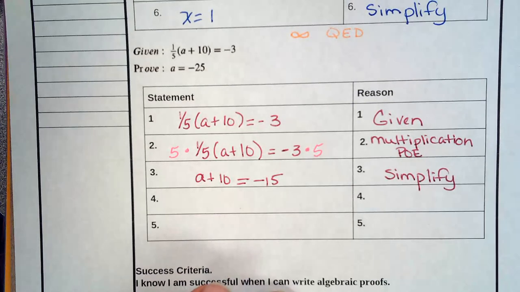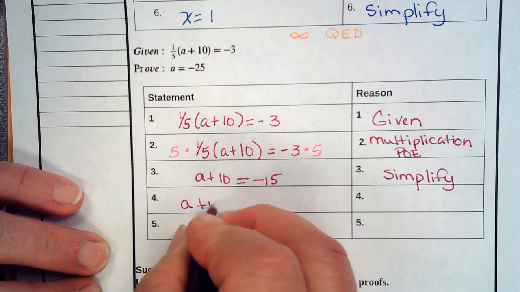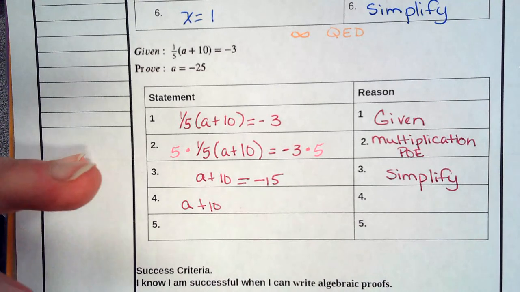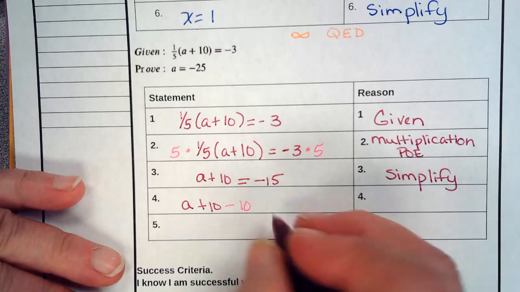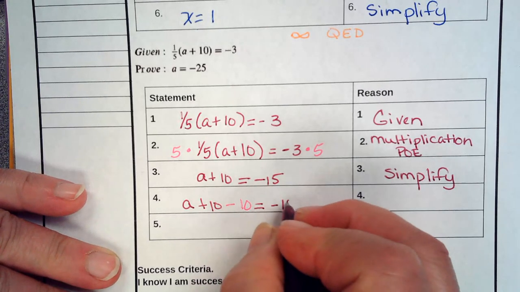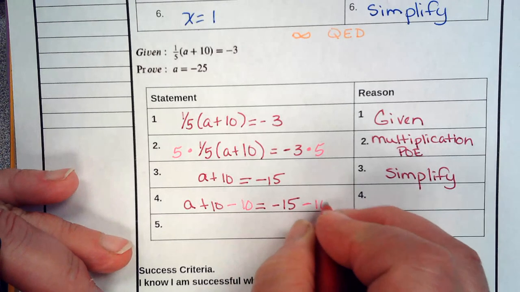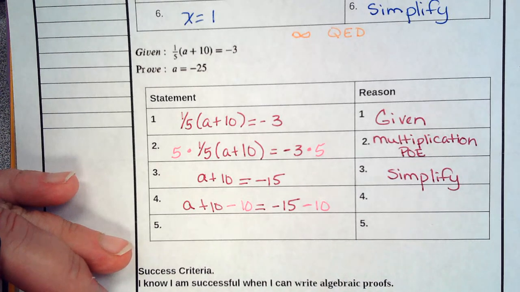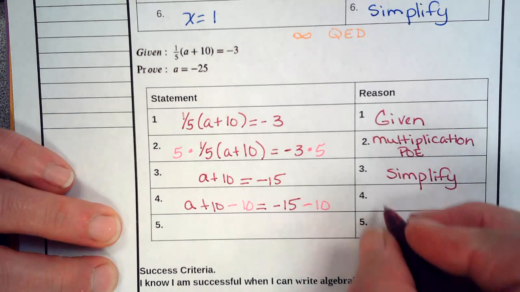Well, the opposite of addition is subtraction. A plus 10 minus 10 is equal to negative 15 minus 10. And what property is that? Well, that's the subtraction property of equality.